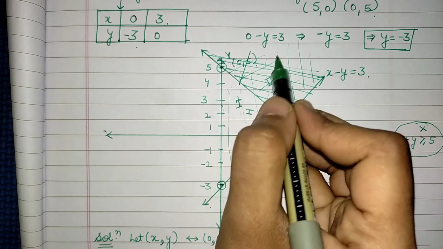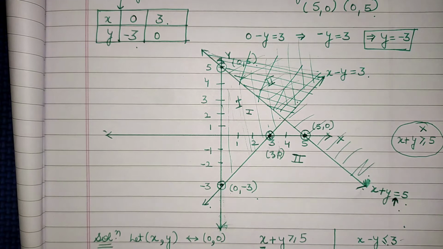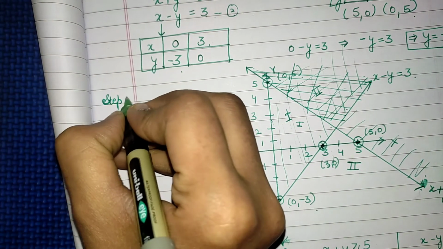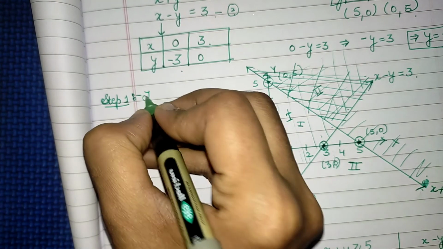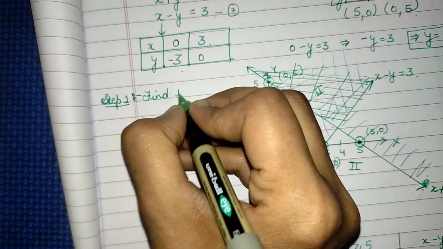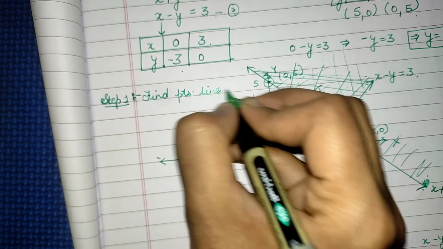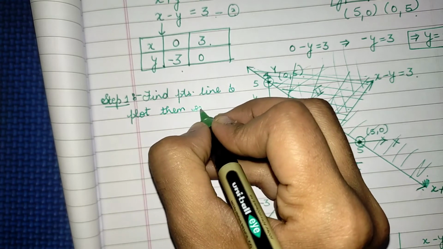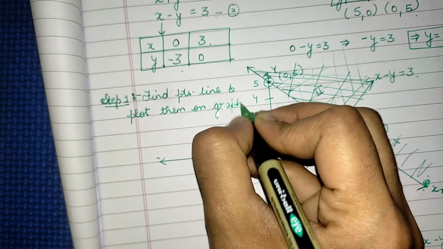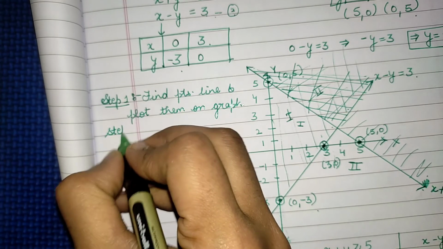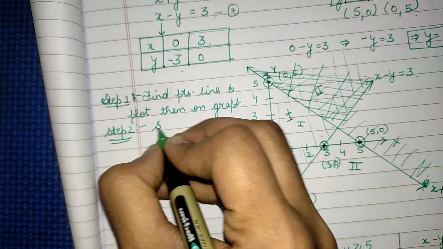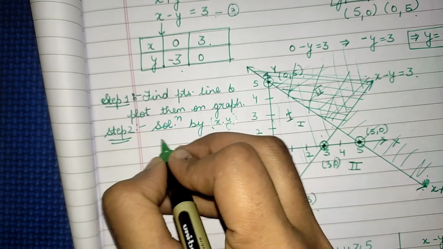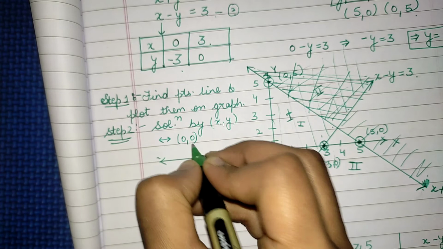Understood? So while solving such type of linear inequality questions, you have to follow only two steps. The first step is to find the points of the line and plot them on the graph, and the second step is to find the solution of the line by imagining that both x and y are approaching 0 and 0.